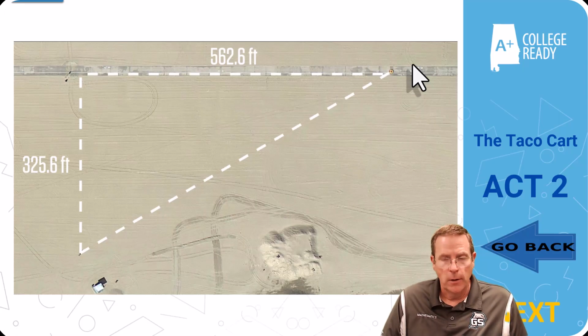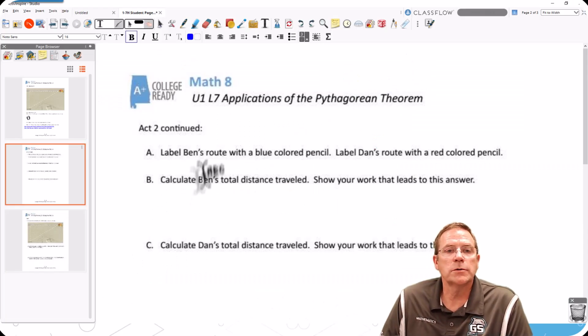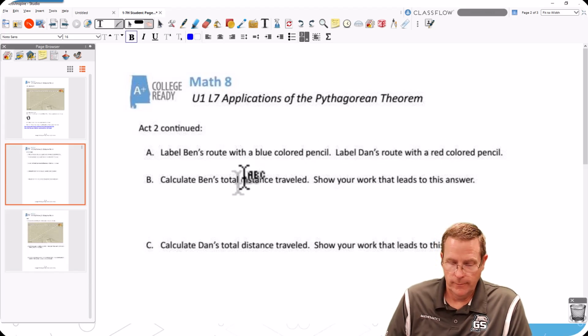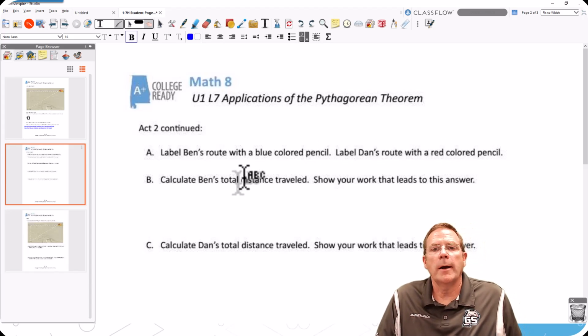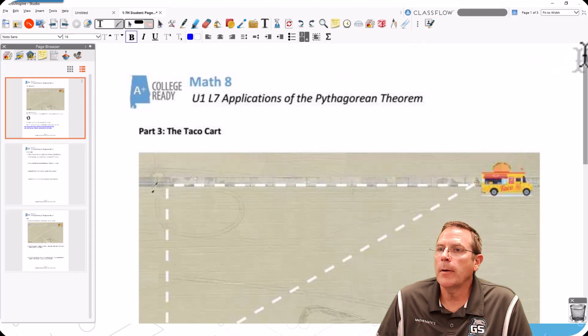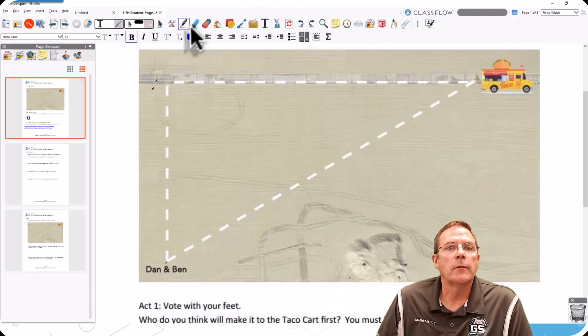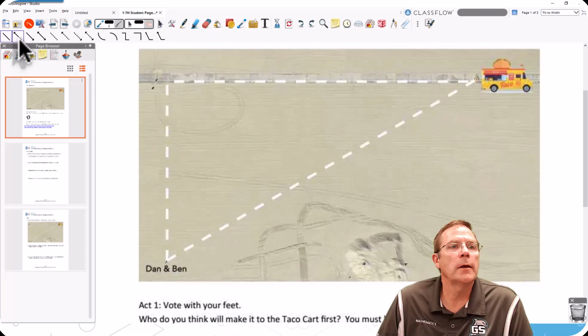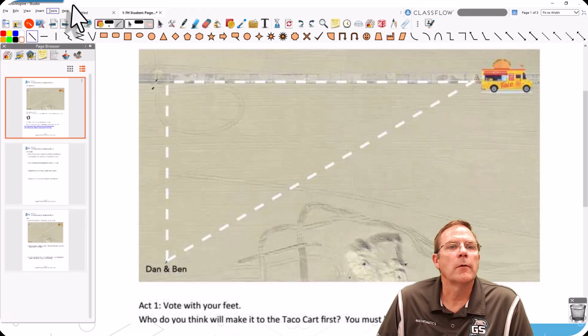So if we jump back over to our instructions, it says label Ben's route with a blue pencil and Dan's route with a red pencil. Now I had to go back and watch the video again. It said Ben wants to walk straight over, so I'm going to take my line tool right here, and we're going to change the color to blue.